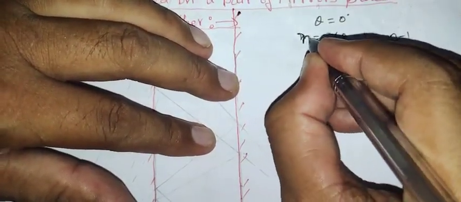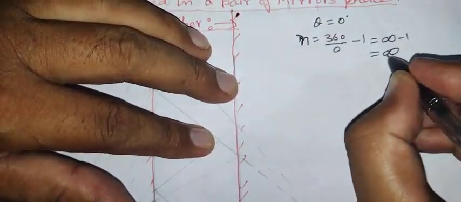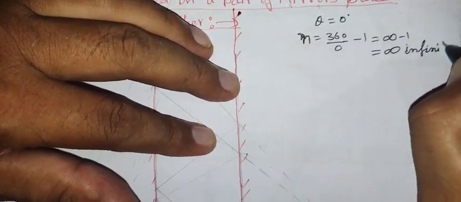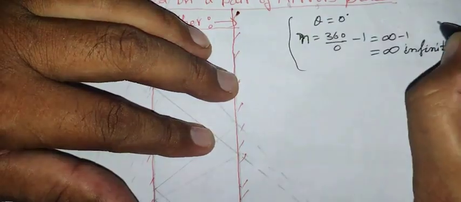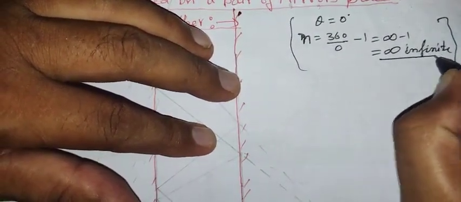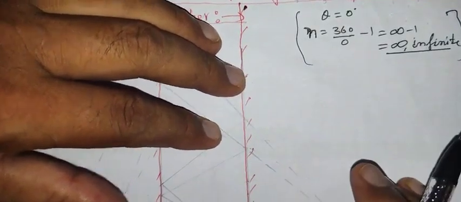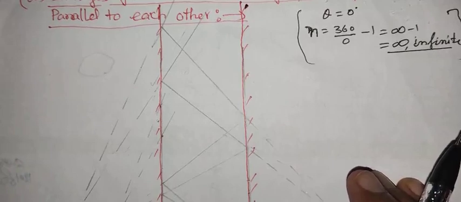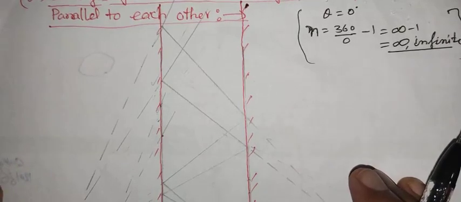So the number of images n will be infinite. The mathematics says an infinite number of images will form. Then you see how it's possible.